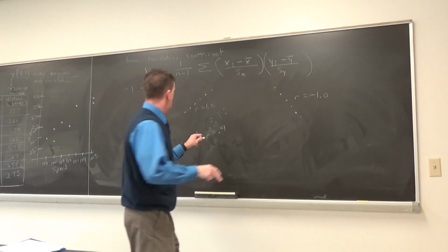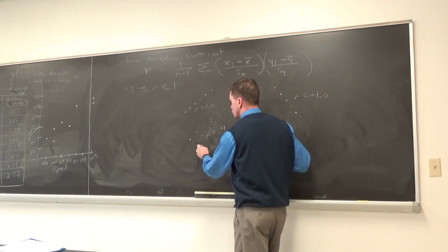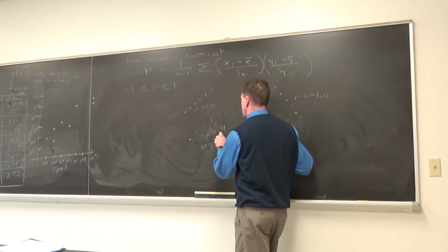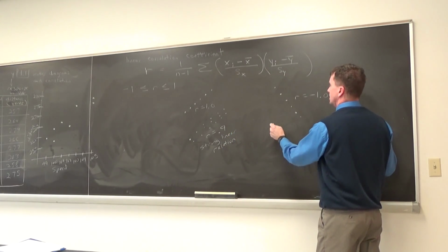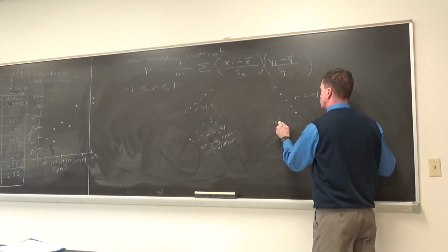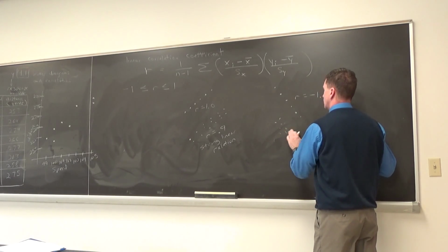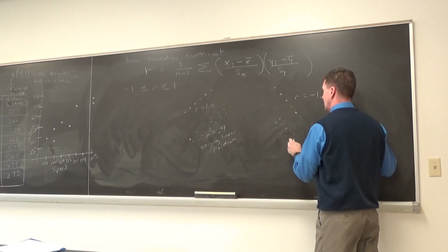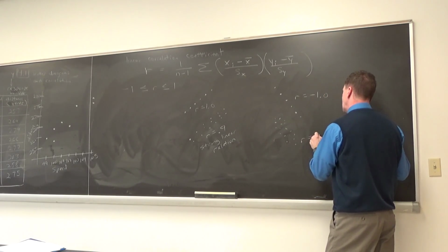And we can interpret that as a strong linear relation. Cool? Hey, what if they were really tight, negative, but they were going down? Maybe R would be about -0.9.